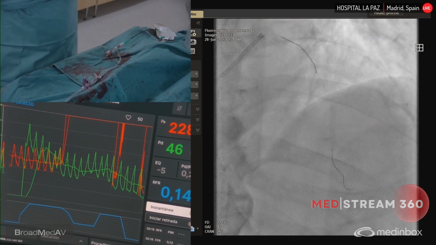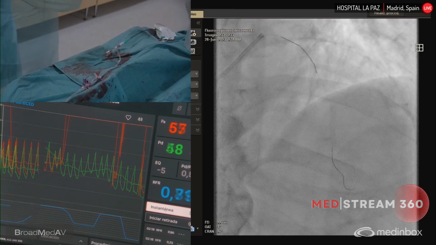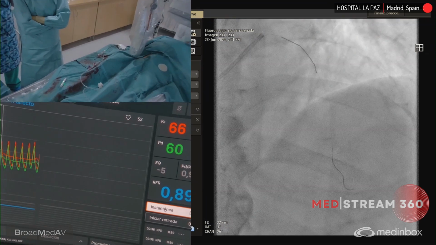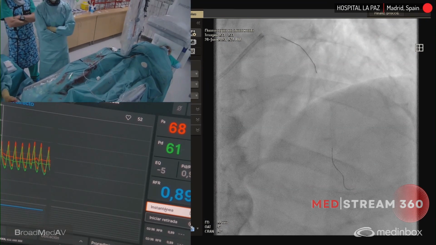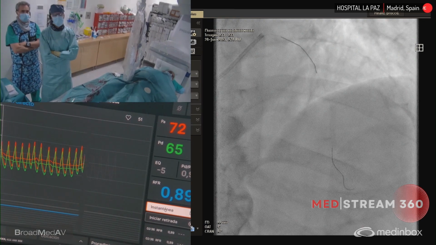So we are doing RFR. The initial measurement was 0.86, if I remember well. We are waiting a little bit more because we have flushed with saline, but probably it is in the threshold. It's a little bit better than the initial measurement in the threshold for RFR.